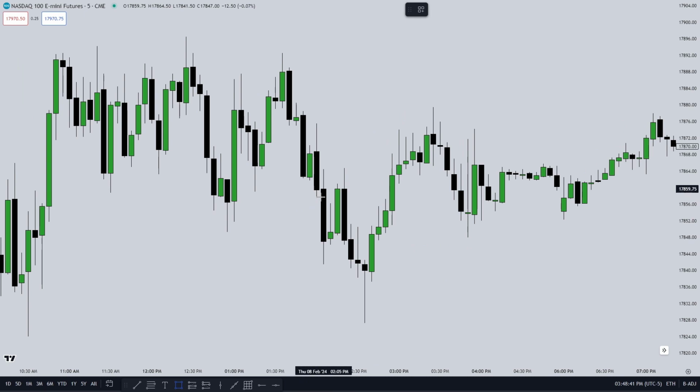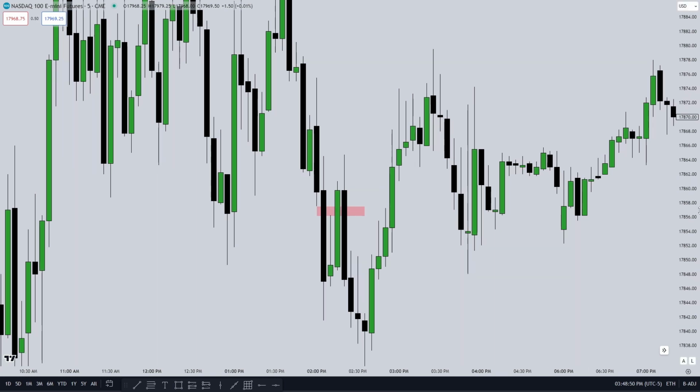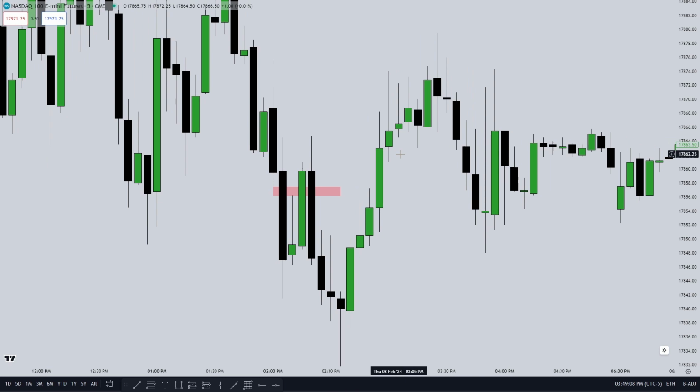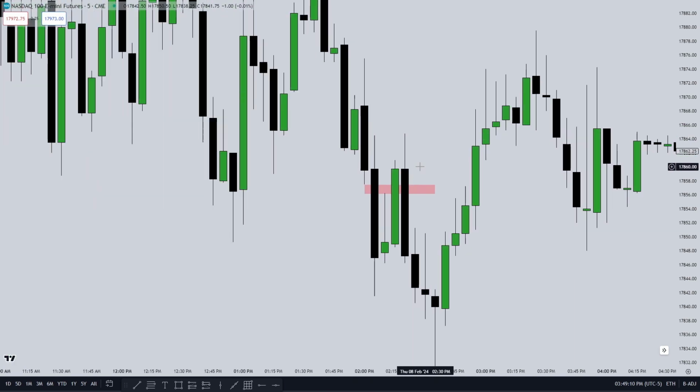If you're a good inverse trader, or if that's one of your models, here's the imbalance right here. Price displaces, creates the little tiny fair value gap, runs through it, closes above, and some people might see that and be like, oh, okay, I need to change my bias to bullish after seeing all of this bearish movement.